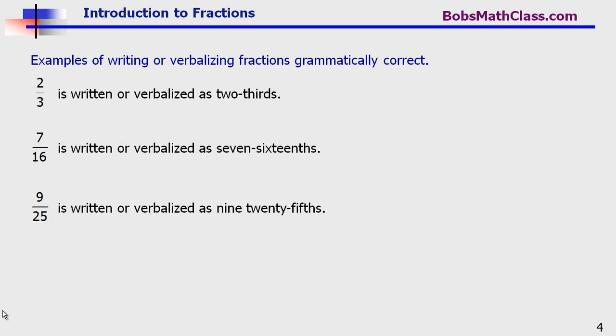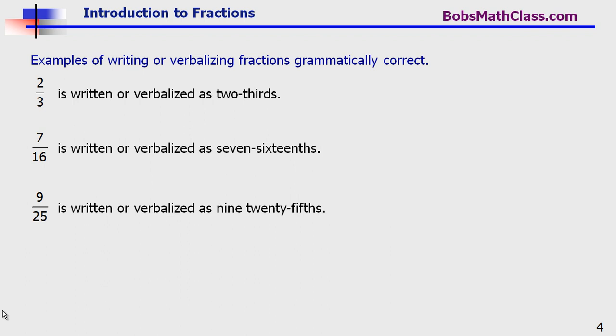So here are some examples of writing or verbalizing fractions grammatically correct. 2 over 3 is written or verbalized as 2/3. Note the hyphen between the 2 and the thirds.